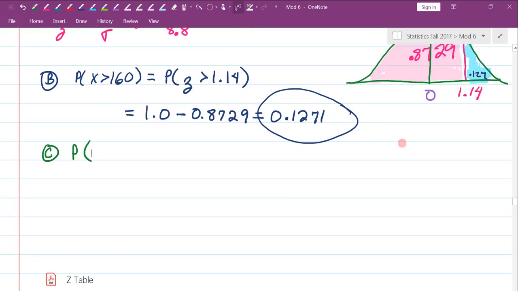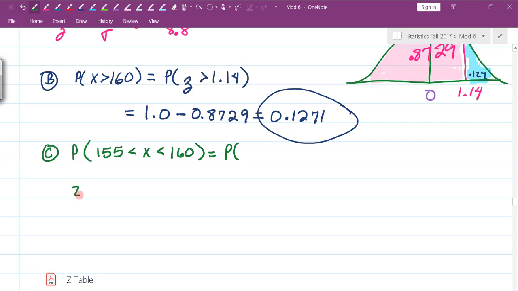So 155 is less than x, which is less than 160. This is going to be equal to the probability, and we're going to find some value on the left and some value on the right to be boundaries for z. Well, we've already calculated the 160, right? That's the 1.14. So we know the right-hand boundary. All we need to do now is find the left-hand boundary.